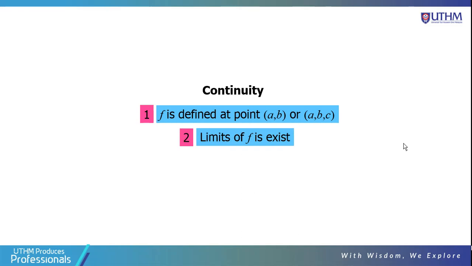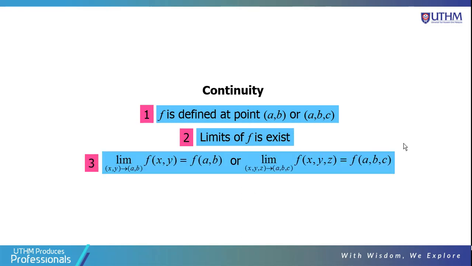The second one, you take the limit of that function, and the limit of that function must exist, and then you compare both. You compare number 1 and 2. If 1 and 2 are equal, that means the function is continuous. If number 1 and number 2 are not equal, that means the function is not continuous. Okay, this is the way, very simple. So let's do an example.